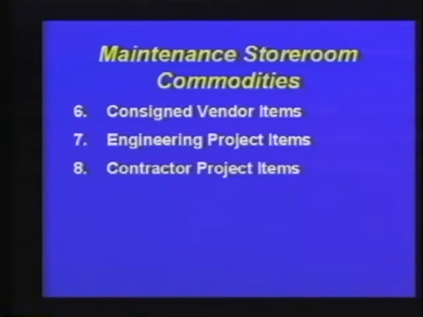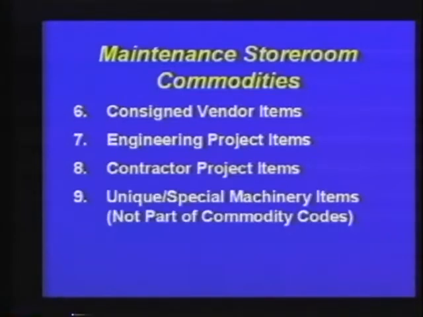And then there may be some unique special items that are not part of commodity codes that may be housed in the storeroom. One that I could think of would be parts that are not part of the PM or major minor overhaul that we identified in our inventory classification codes, which was code number 01.